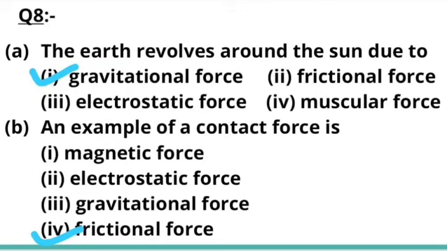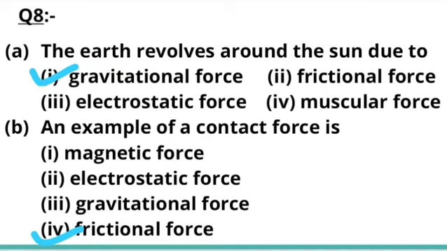No, magnetic force is a force exerted by a magnet. It is an example of non-contact force. So this option is wrong. Second option is electrostatic force. It is also an example of non-contact force. So this option is also wrong.